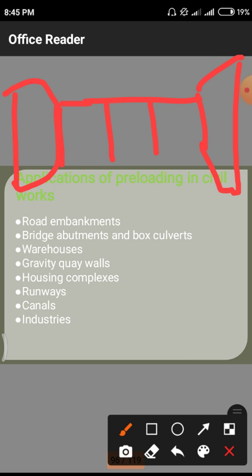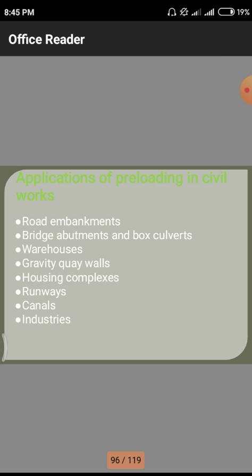Those are called the bridge abutments, and in some cases we are having these box culverts. That means whenever there is a combination of these two lanes, that means railway lines and normal traffic conditions, we need to use these box culverts to divert the traffic. So we have to use these bridge abutments and box culverts in those cases.